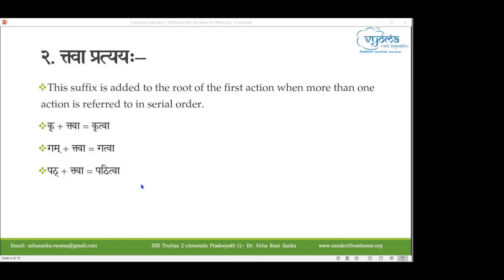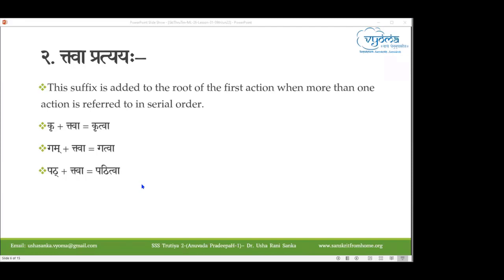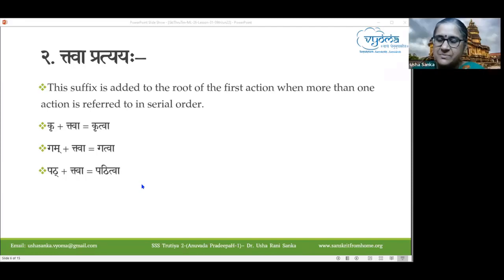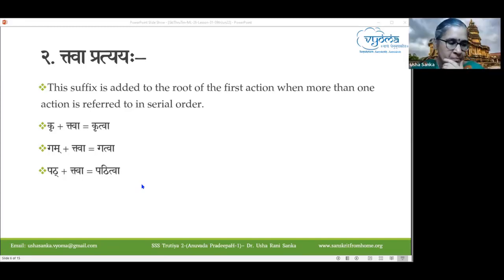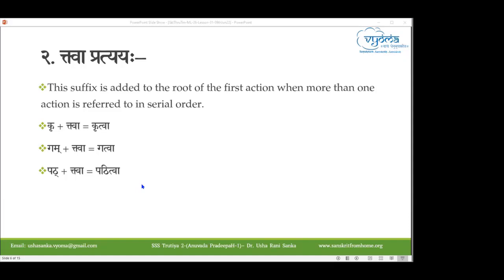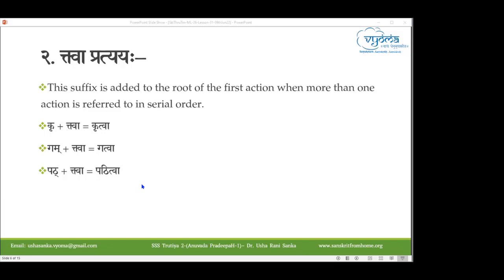Good. Ma'am, one doubt. Because Patitva, having studied, we are using. Is there any other expression we can use, after studying?